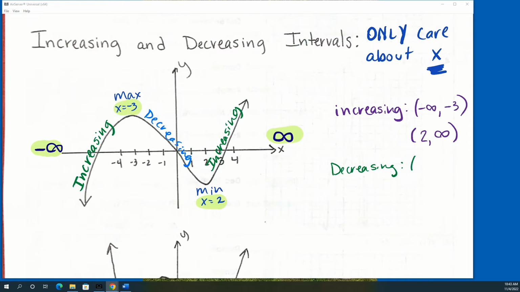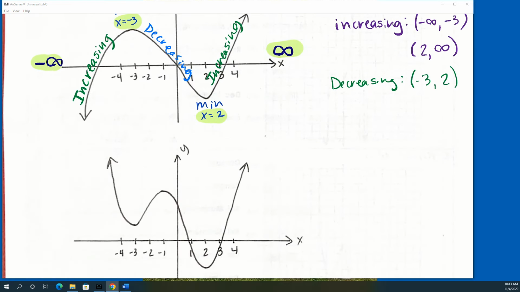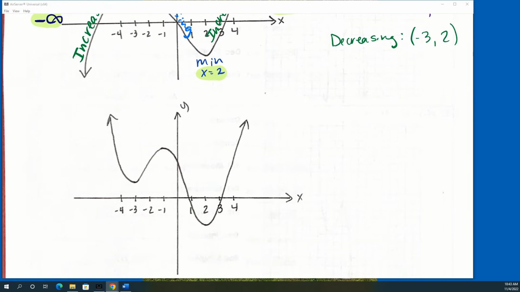So I'm decreasing from where x is -3 until where x is 2. Right. So that's what we're doing today. And we're going to do this for all those ones that you've already found the max and min of. Well, we're going to do this one under here too.